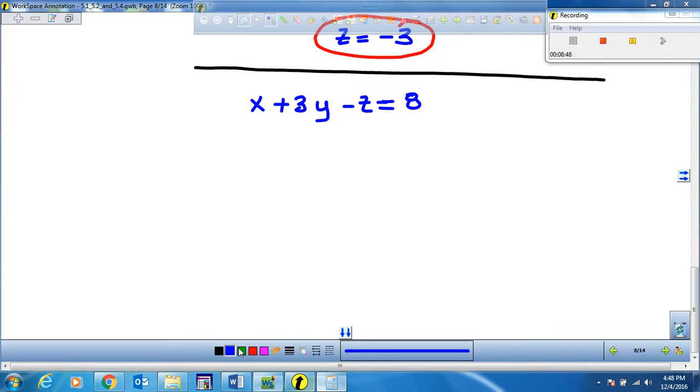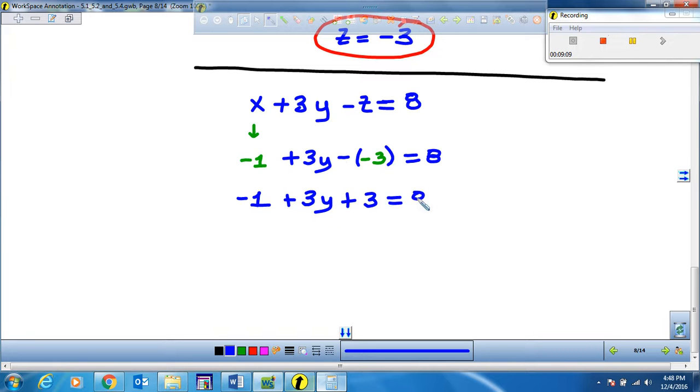So x is negative 1, plus 3 times y, minus a negative 3, equals 8. So negative 1 plus 3y, negative times a negative is a positive 3.